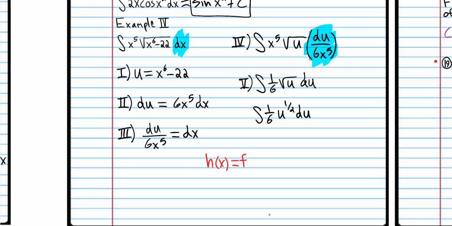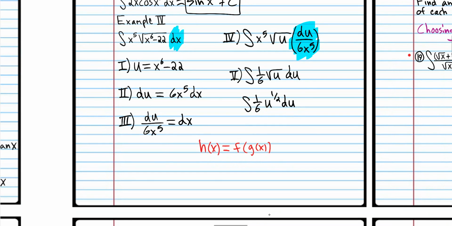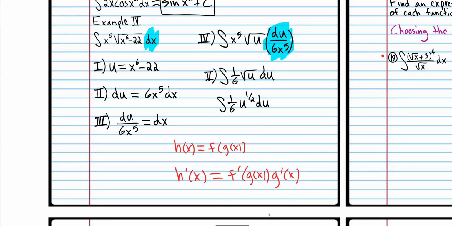I just want you to learn how to use the substitution rule. But just so you know real quick, if we have a function in another function, that's when we use the chain rule. So if you want to find the derivative of that expression, the chain rule says we find the derivative of the outside function, we keep the inside function, and then we multiply by the derivative of the inside function. This is a way to write the chain rule.